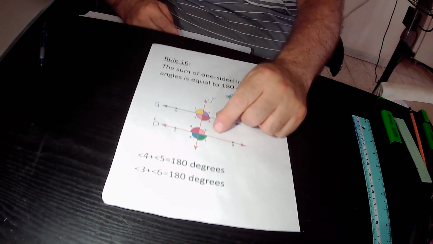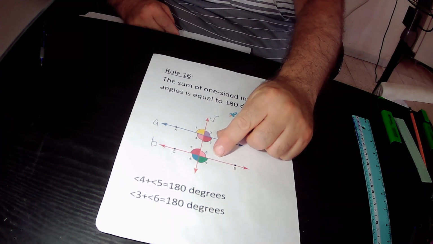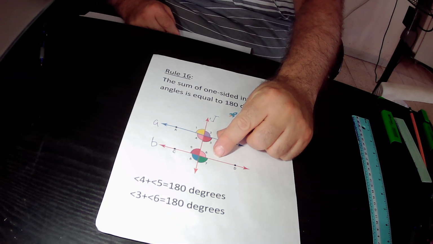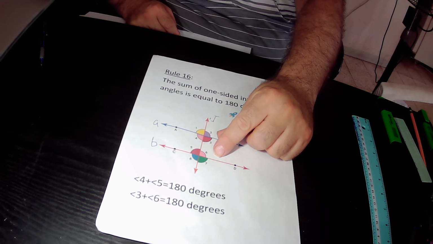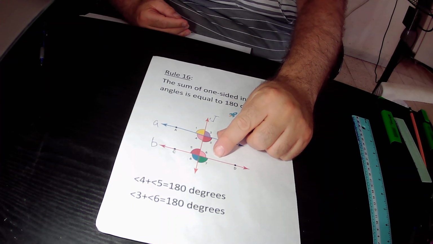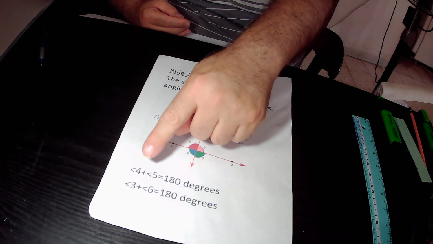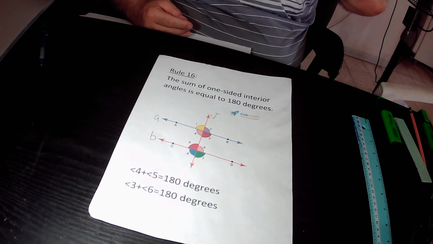Likewise, angles 3 and 6 are both one-sided interior angles, so angle 3 plus angle 6 is equal to 180 degrees. Okay?